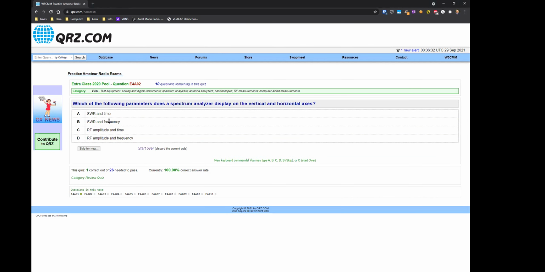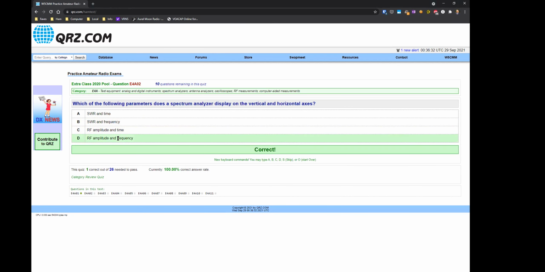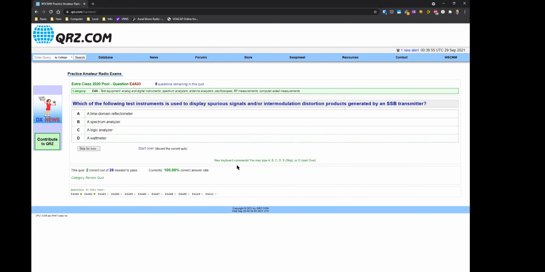Which of the following parameters does a spectrum analyzer display on the vertical and horizontal axes? So that's going to be RF amplitude, which is going to be the y-axis, and frequency on the x-axis. You can use that to tune an antenna.